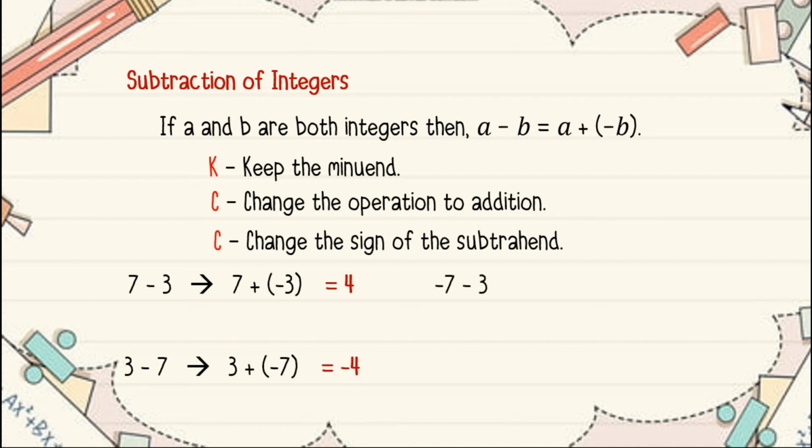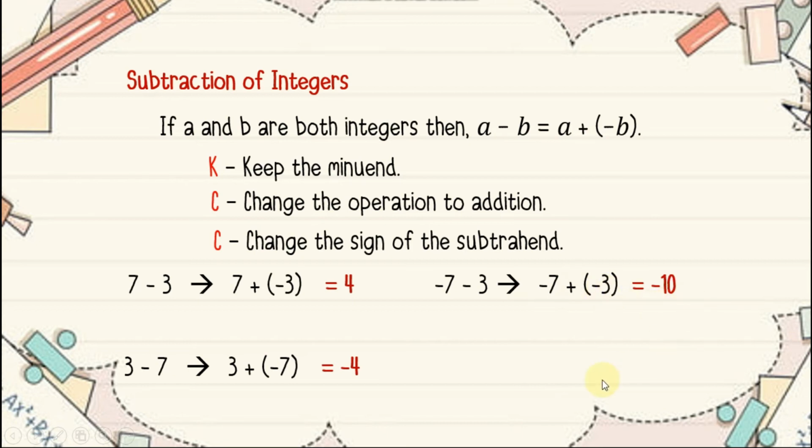Next, negative 7 minus positive 3. Keep negative 7. Change the operation, you change the sign of your subtrahend. So, it will become negative 7 plus negative 3. Adding the same sign, so you have to add the numbers, copy their common sign which is negative.